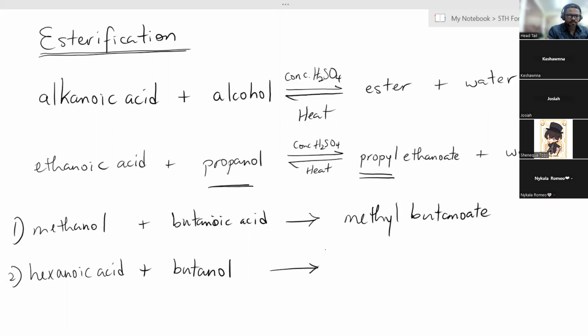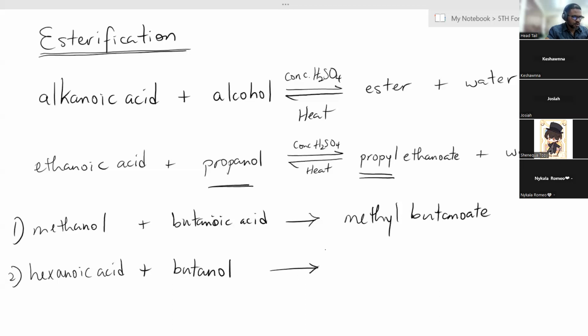No, not butanol itself, but buta will be in front, because they'll take away the anol, and then hexo acid will be added, but the acid will be taken away.